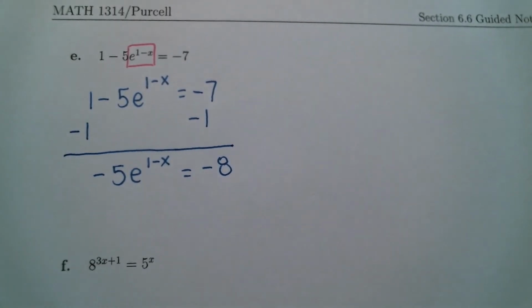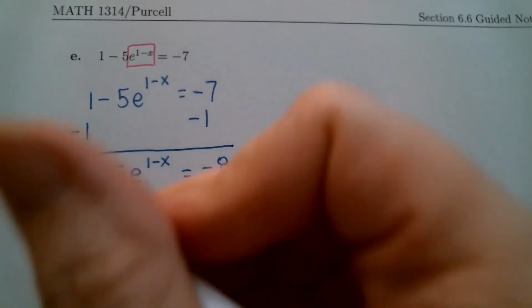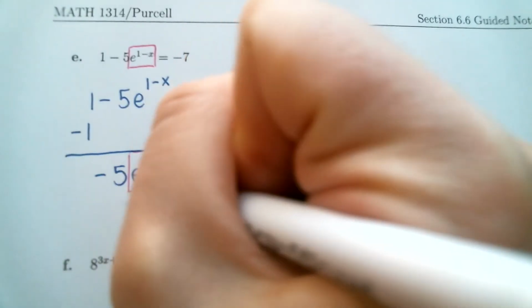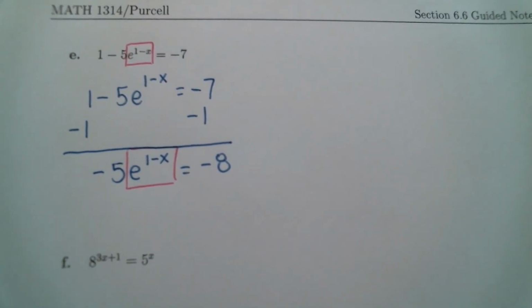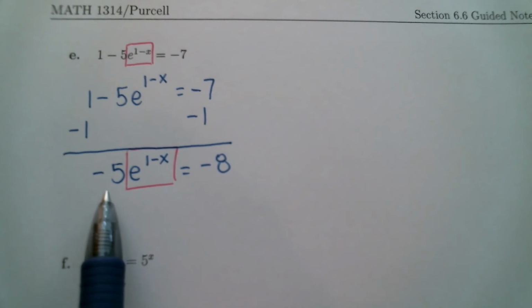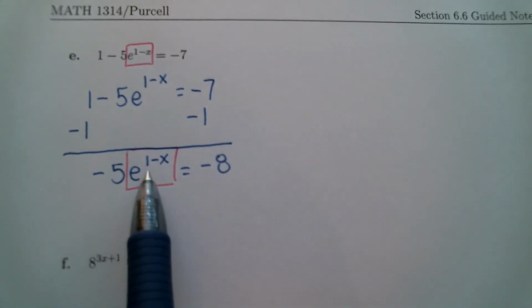On the other side of the equation. Hold on, let me get this thing to focus. All right, so then we almost have the e to the 1 minus x isolated. You have to isolate it before you take the logarithm. So now we're going to get rid of this negative 5. You have negative 5 times e to the 1 minus x.